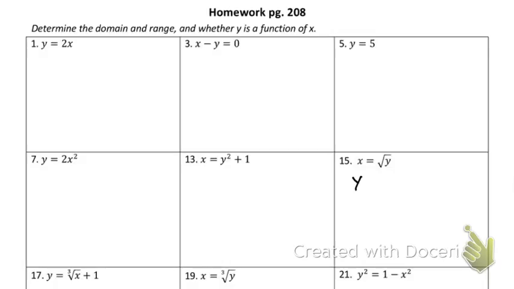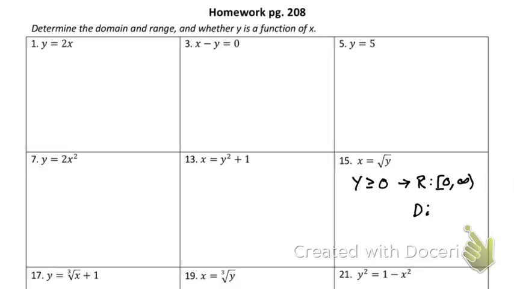So our y value has to be bigger than or equal to 0, which means our range needs to be 0 to infinity. The smallest range value I can have is 0. If I plug 0 in there, it's the square root of 0. I can't have this actually being negative.